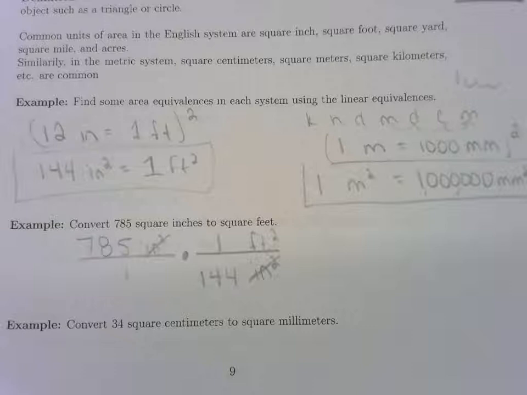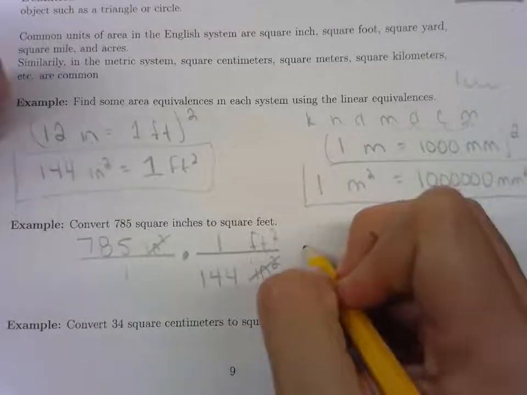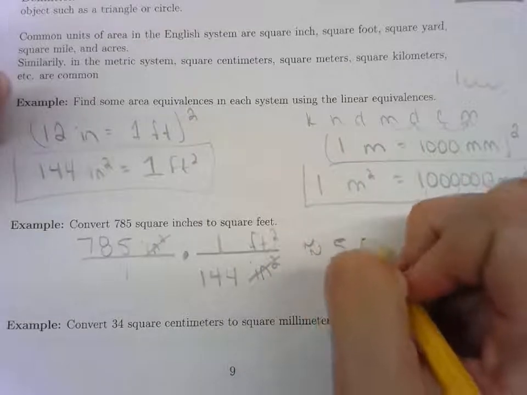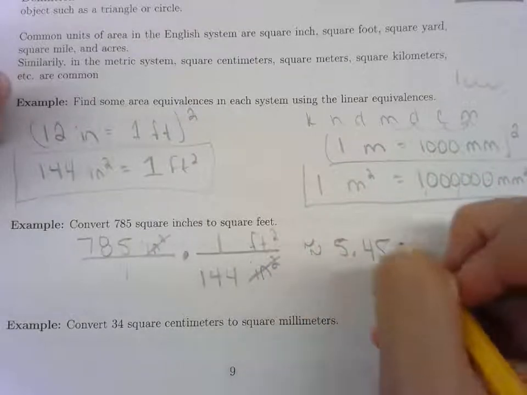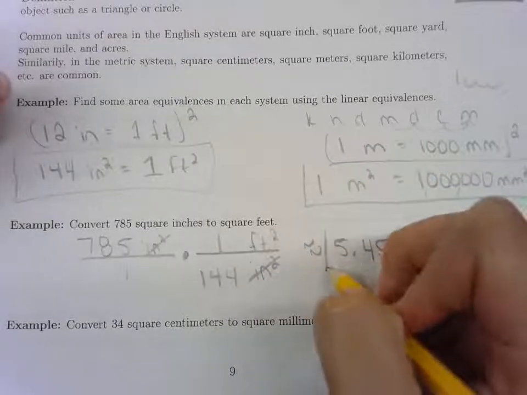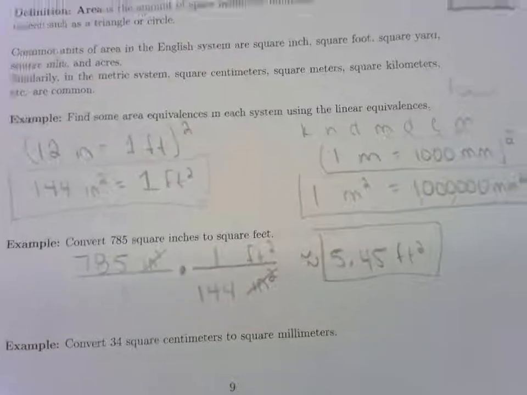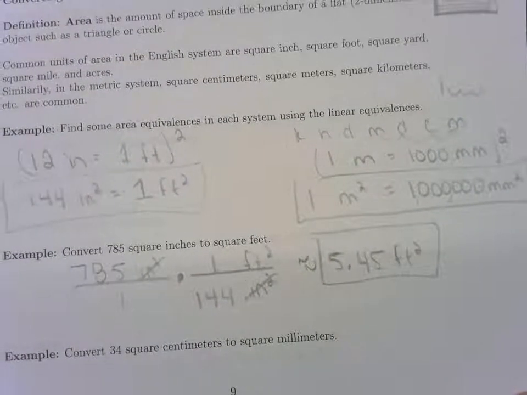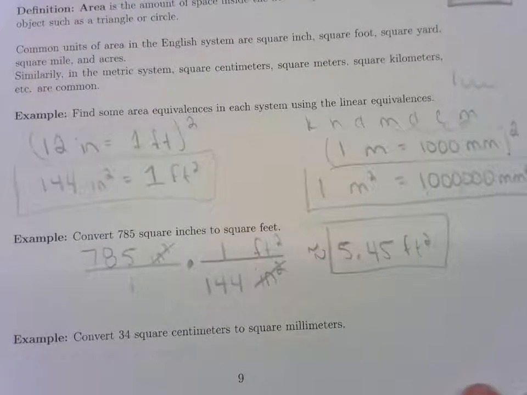So we have 785 divided by 144, just using dimensional analysis here, and got 5.45 square feet. You'll see these square equivalences if you're maybe doing flooring. Tiles are given in square feet or square inches. Again, when you're looking at land, you have acres or square miles or square feet.